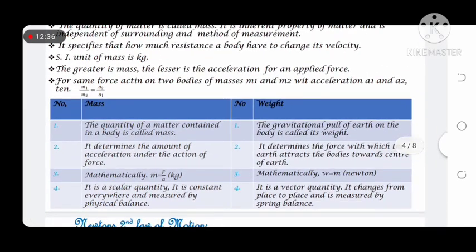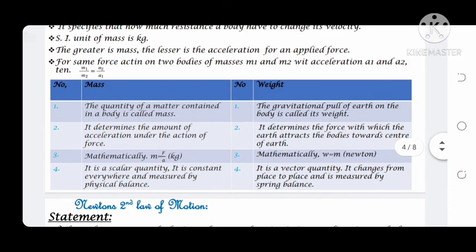I have made a table of differences. In examination, the question may be put as: differentiate between mass and weight. Similarly, if a question is asked to define mass or define weight, we can use these points easily.